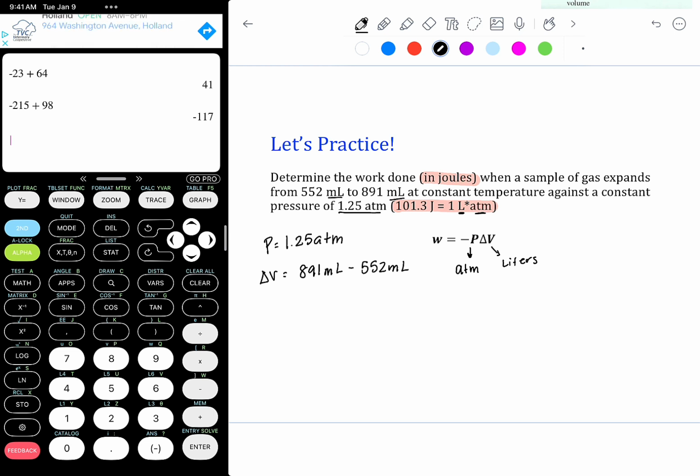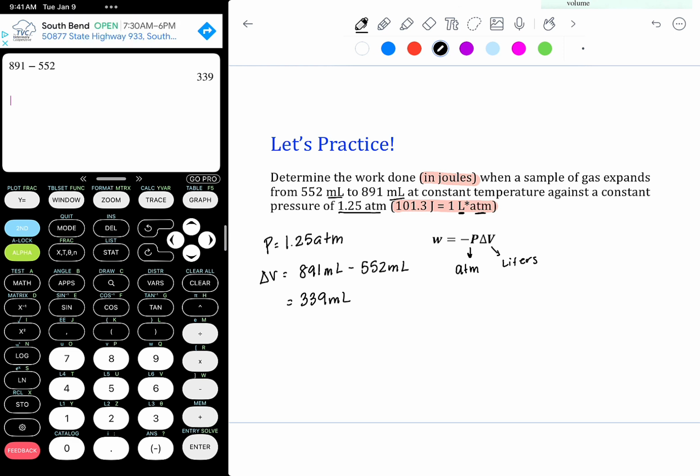So let's take 891 on our calculators. Feel free to get your calculator out and do these calculations with me so you're comfortable doing them. We're going to subtract off 552. That gives us a delta V of 339 milliliters.